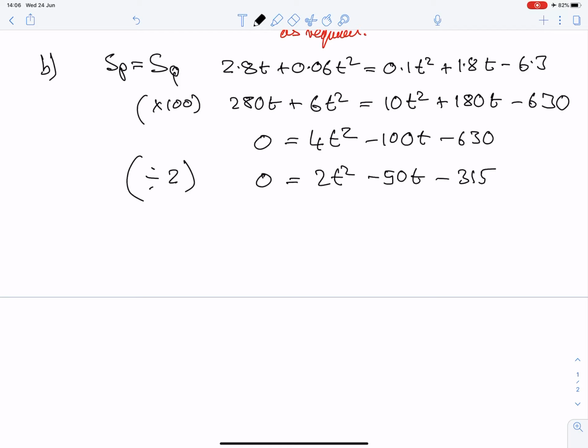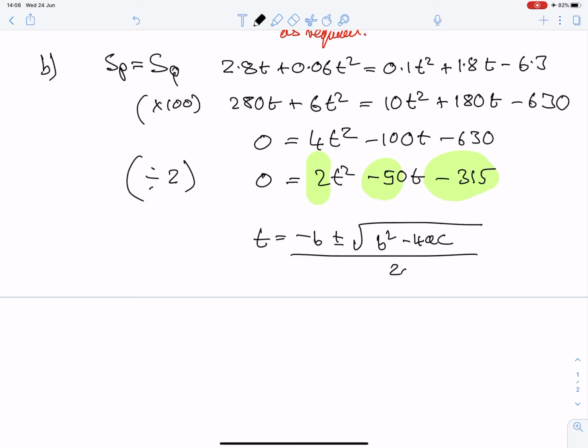Just remembering that that's A, minus 50 is B, minus 315 is C. We have to take the sign before the number. So T is equal to minus B plus or minus the square root of B squared minus 4AC all over 2A.